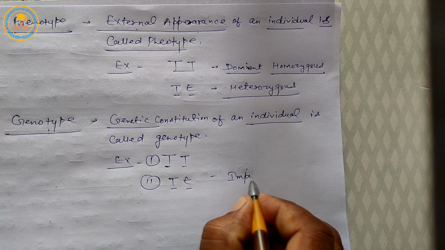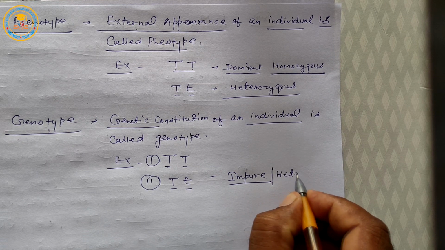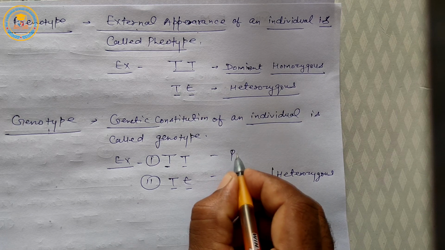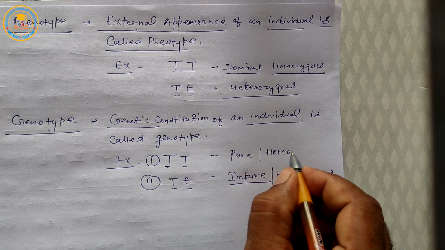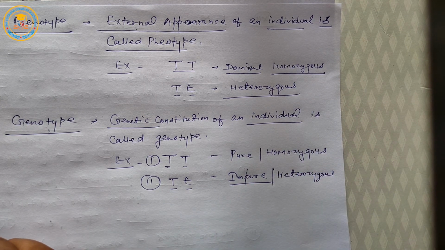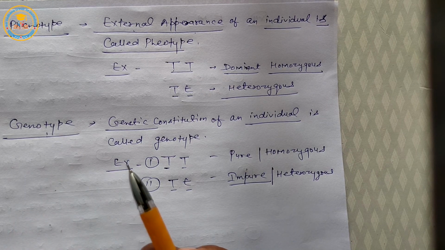Impure or heterozygous, pure or homozygous. Once again, phenotype means external appearance, genotype means genetic appearance.